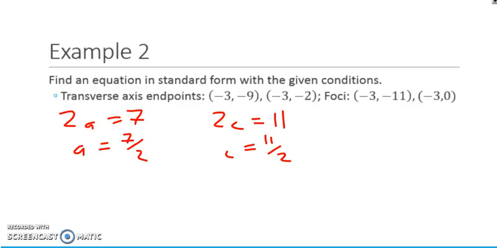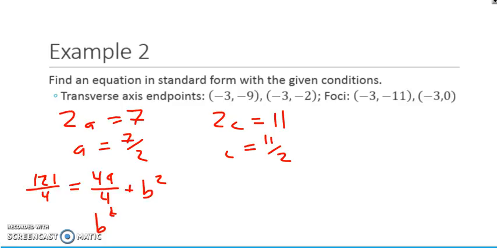But I'm still going to use the approach we did in the last one, where c squared, it's 121 over 4, equals a squared plus b squared. Now, luckily, these have a common denominator at least. So when you subtract the 49 from both sides, you don't have to worry about getting a common denominator.